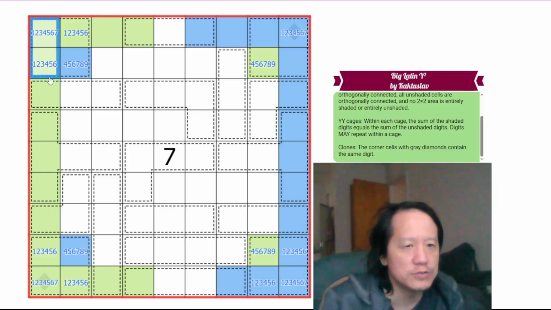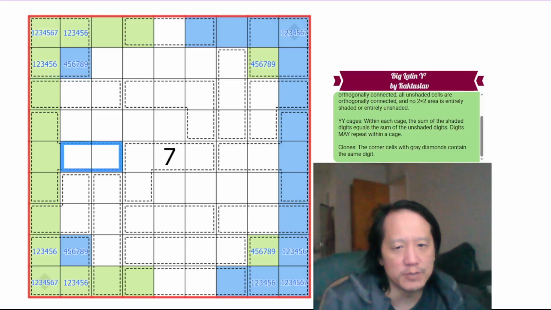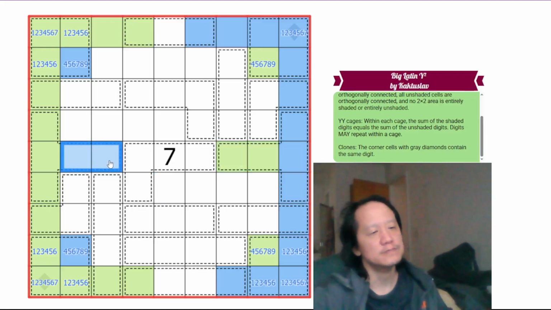So then one of these pairs would have to at least add up to 10. And obviously you can't have a single digit be 10. So this does have to be both blue. This does have to be both green because of that, right?